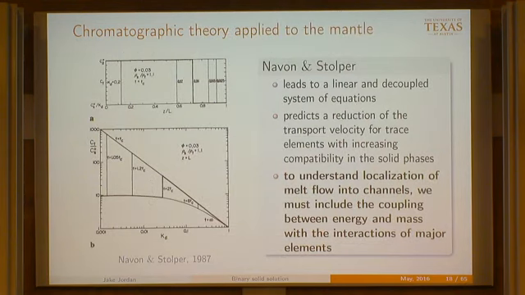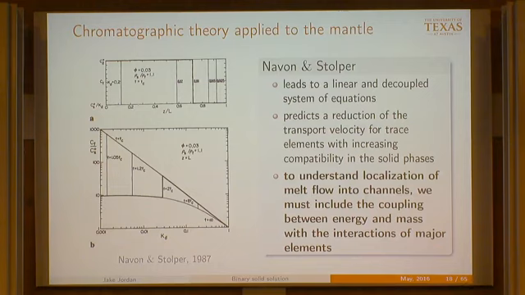And then most chromatographic theory that's been applied to the mantle, starting in 1987 and since then, has been based off of Navon and Stolper, and they were studying the partitioning of trace elements into the melt and solid. So what we have here is, if something doesn't partition into the solid, it'll just flow along with the background melt.